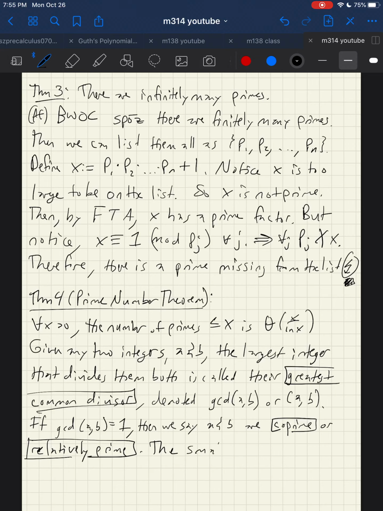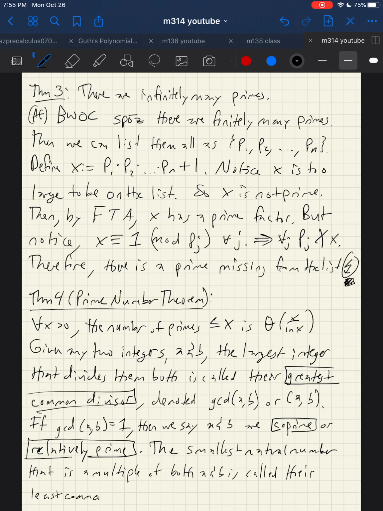The smallest natural number that is a multiple of both A and B is called their least common multiple, written LCM of A and B. You've probably seen the least common multiple when you're trying to add fractions.